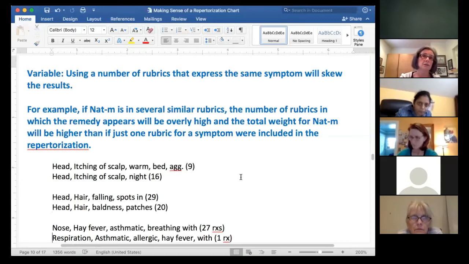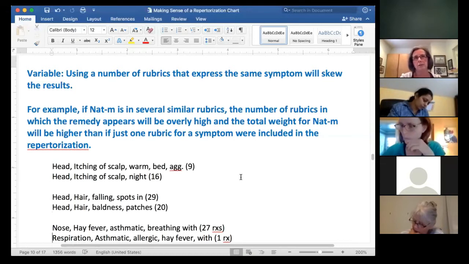In other words, Nat-mur gets to vote 3 times. So if it's in 3 rubrics that you put in, it gets 3 votes, whereas if it were in 1 rubric, it would only get 1 vote. So you're skewing, or giving a greater weight to Nat-mur than maybe it actually should have in your repertorization. And that's because you're using a number of rubrics that express the same idea.